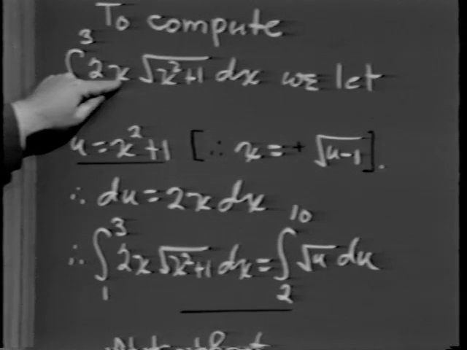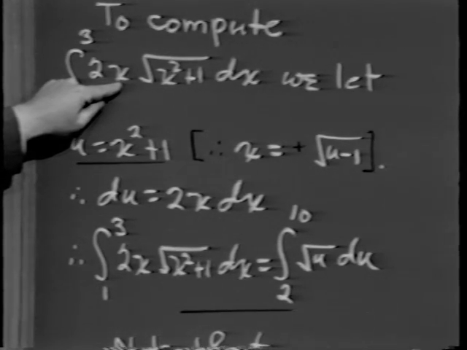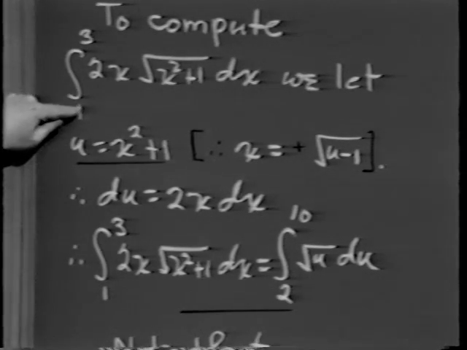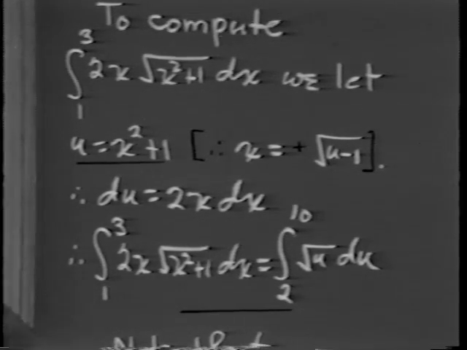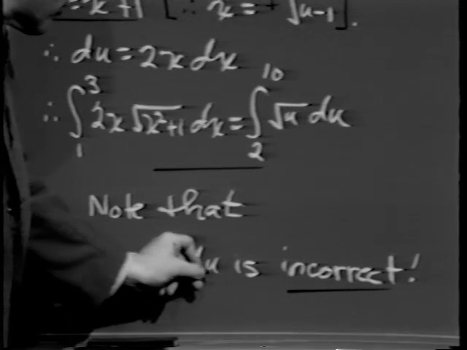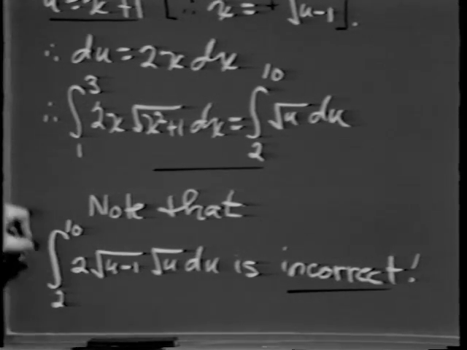In other words, if we replaced x by the positive square root of u minus 1, if we replaced x squared plus 1 by u, and if we replaced the limits 1 to 3 by 2 to 10, and then just tacked on the du to indicate that we were doing this problem with respect to u, the resulting definite integral would not be equivalent to the original one.